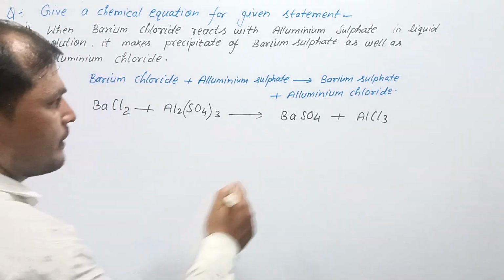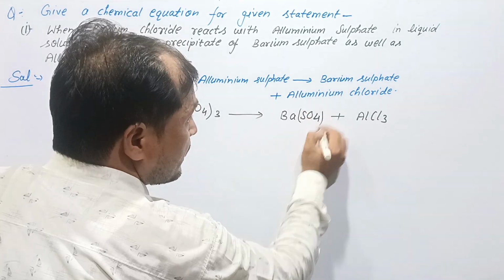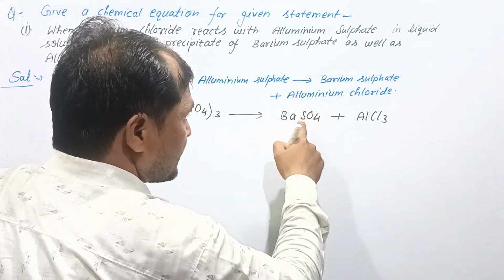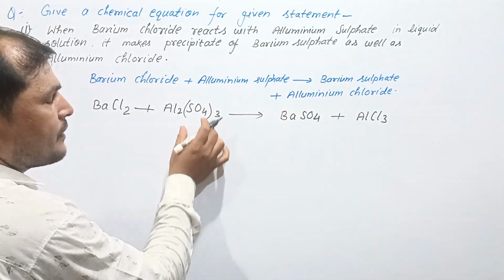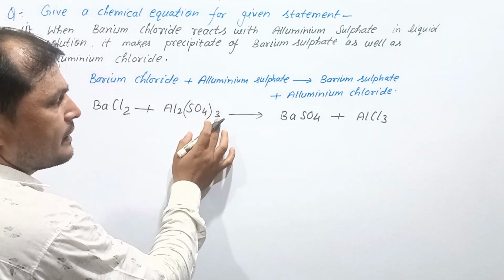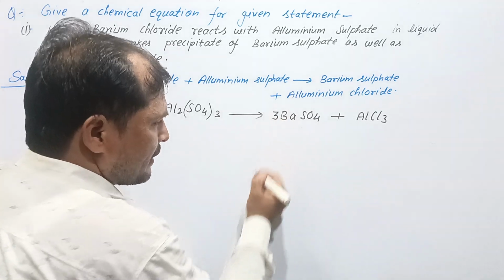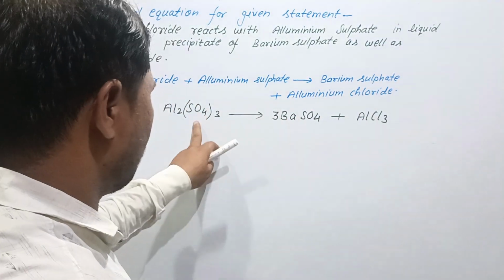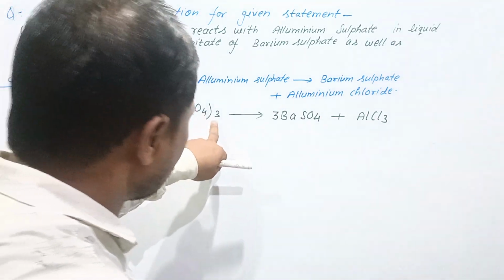SO4 ion: in this compound the number of SO4 ions is only 1, but on the reactant side the number of SO4 ions is 3. Hence we multiply BaSO4 by 3, and we get 3SO4. It has now been balanced.